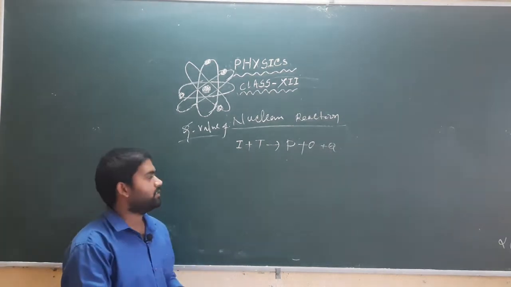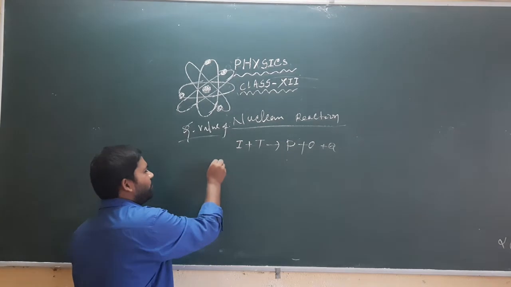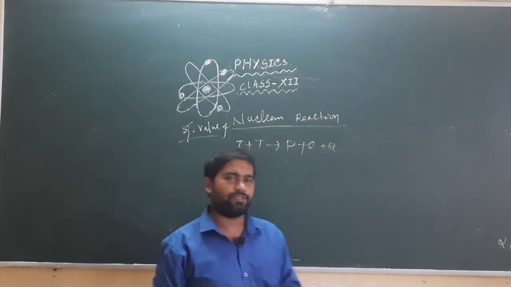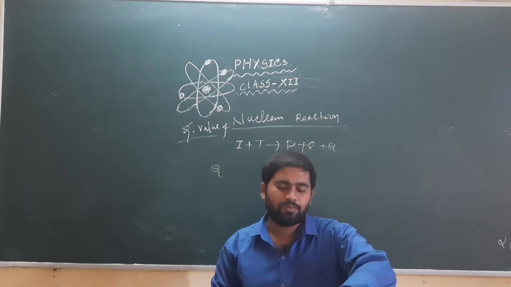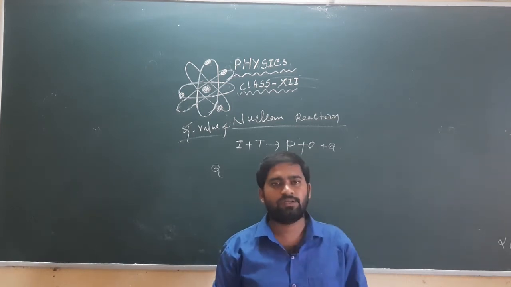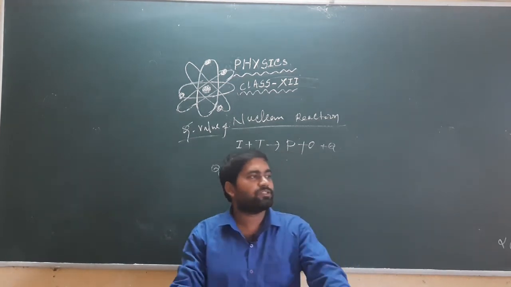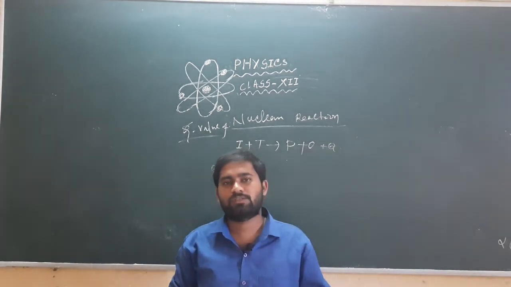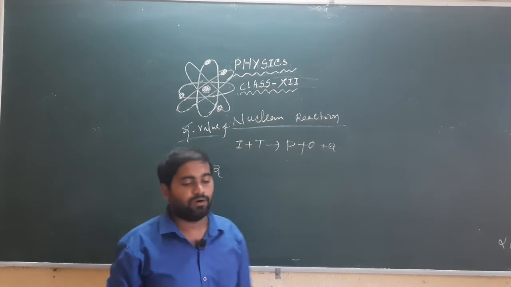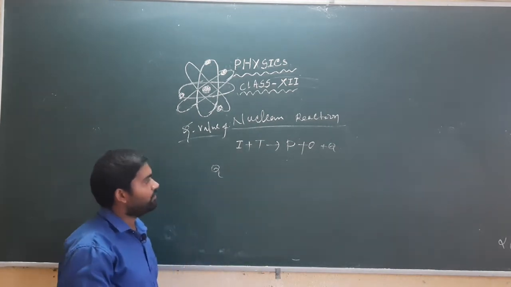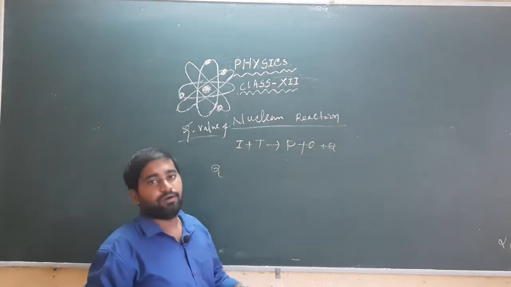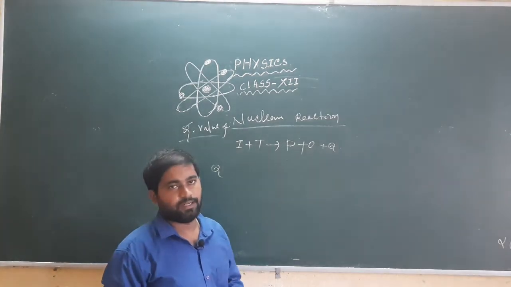So we can say the Q value of a nuclear reaction is the difference between the sum of the rest mass energy of the reacting particles and the sum of the energy of the product particles.